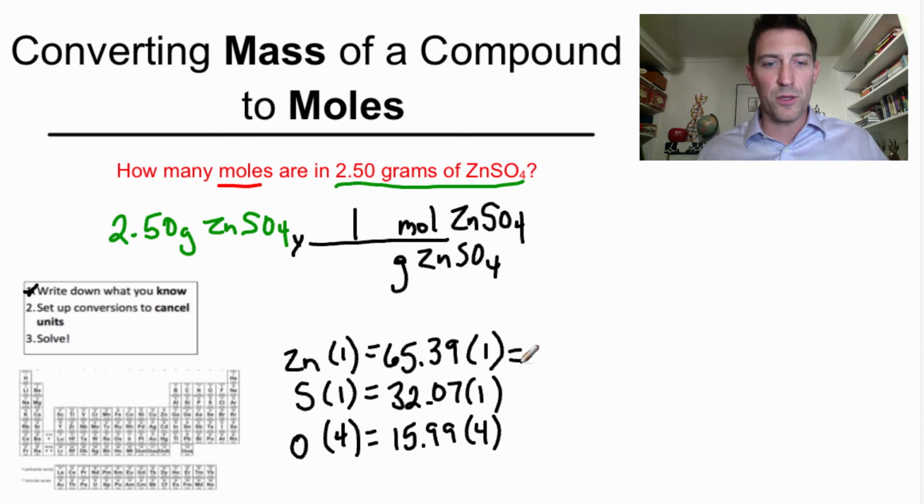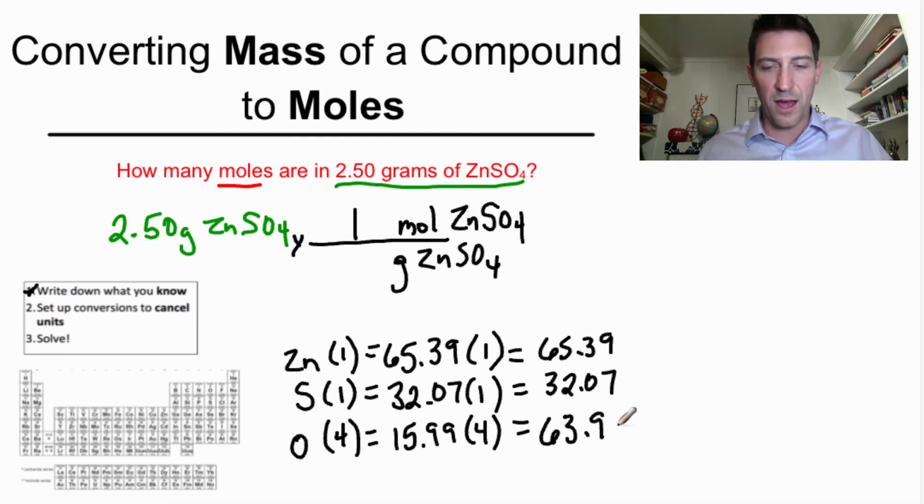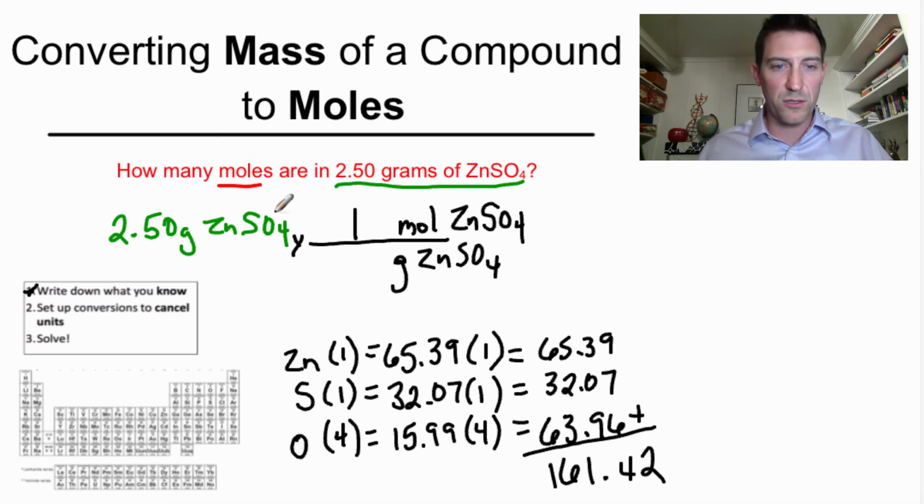Then I just need to multiply these. Times 1, 65.39. Nothing changes there. 32.07. But here I've got the 15.99, and I've got it times 4, which gives me 63.96. I'm going to add all of this up to get my molar mass of zinc sulfate. I get 161.42. Let's move that right here, 161.42.